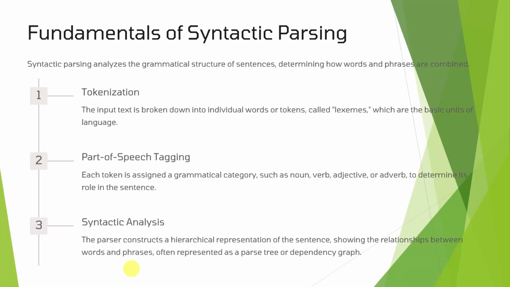That means I mention that in the given sentence, this word represents the verb, this word represents the adjective, this word represents the noun, and how subject, noun, and verb are organized in a relevant manner to understand the meaning of the given sentence is possible by using this syntactic parsing procedure.